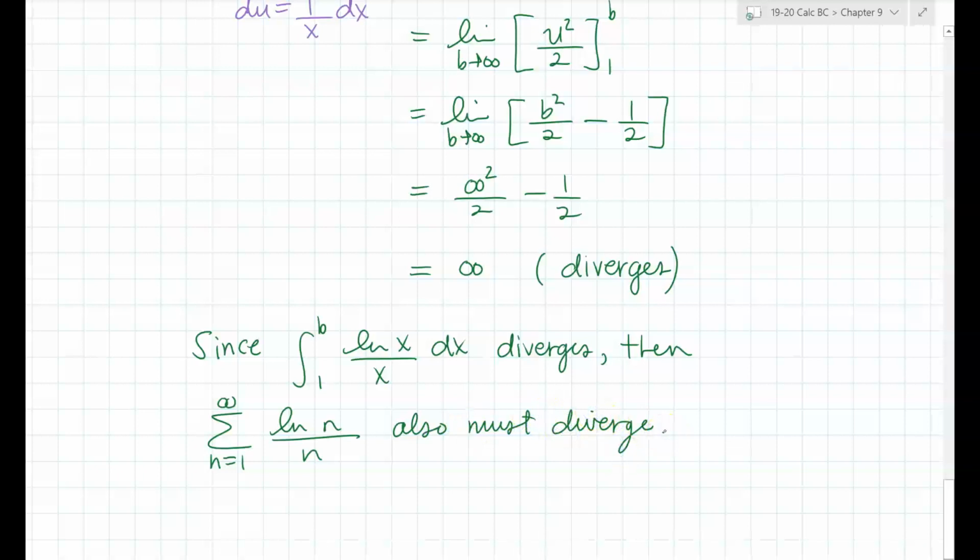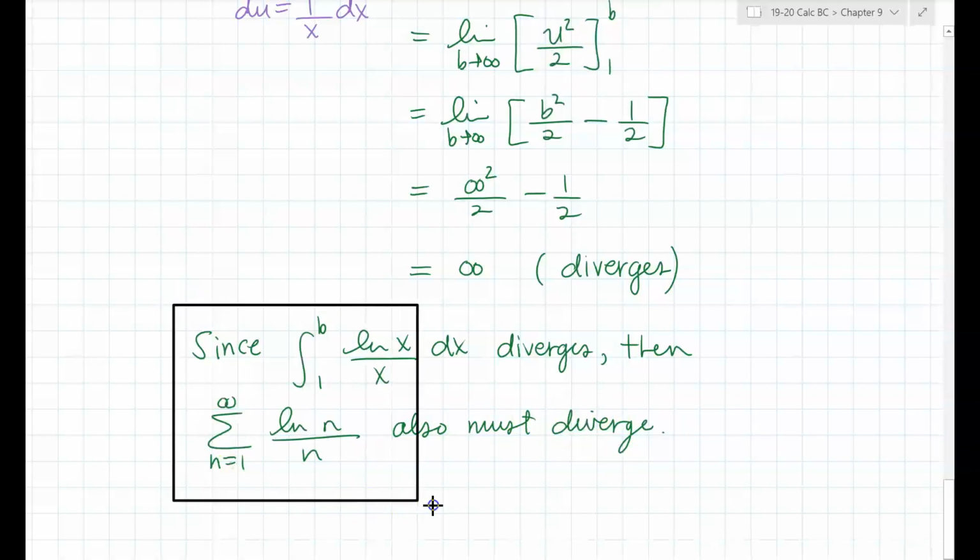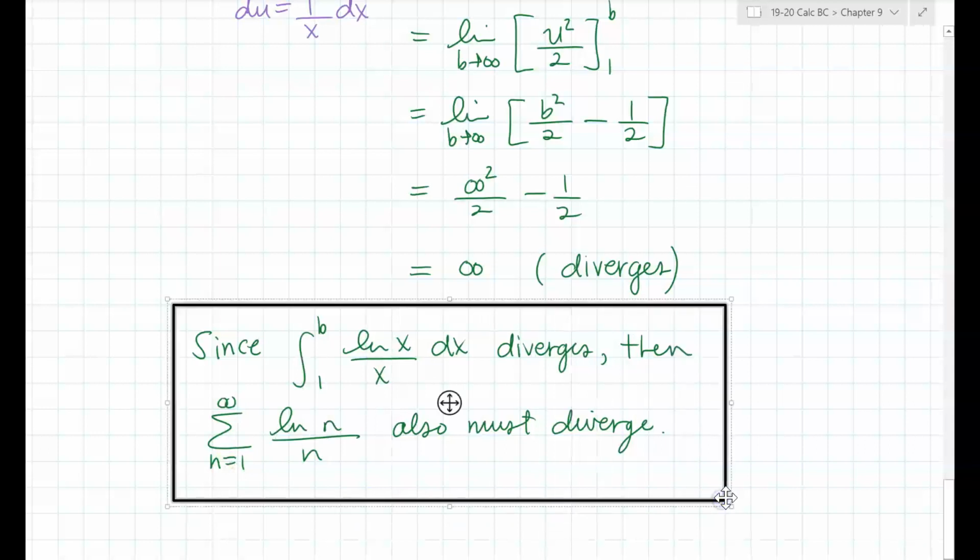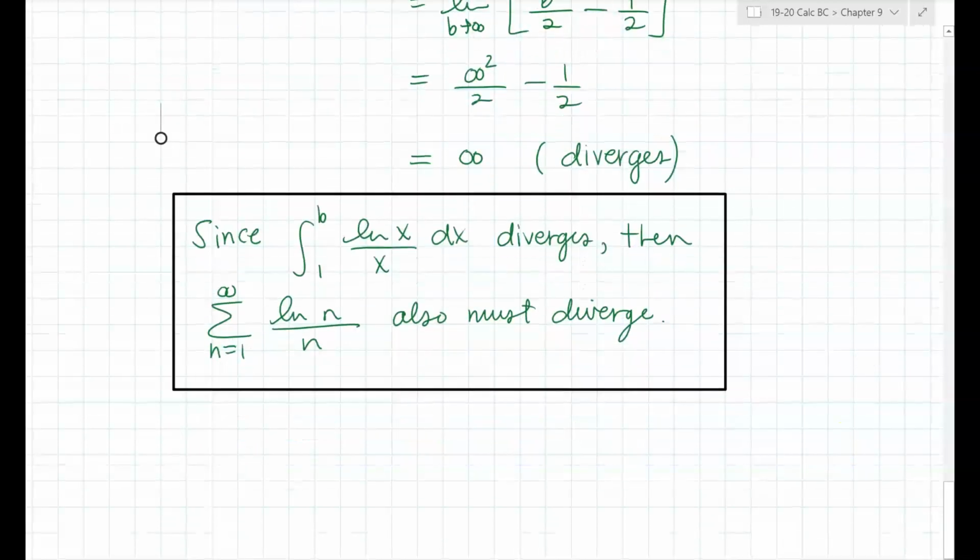Remember, the main idea behind the integral test is whatever one thing does, the other must do. So whatever the integral does, the series must do. So if the integral diverges, the series diverges. If the integral converges, then the series must converge.